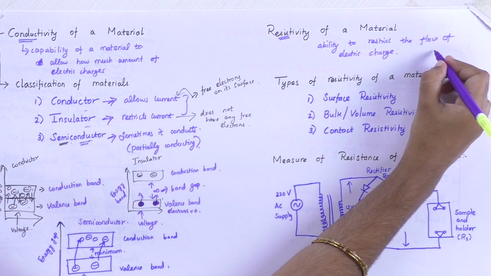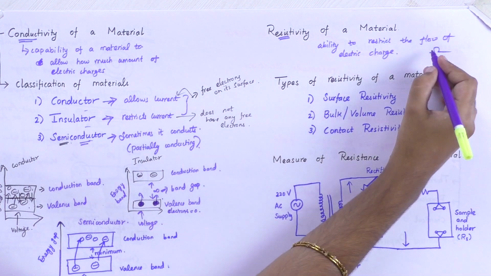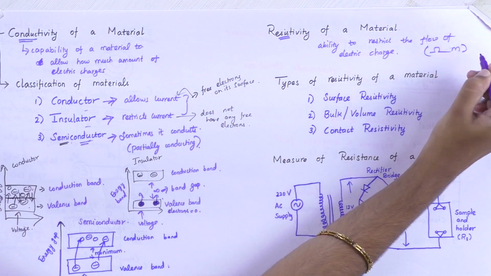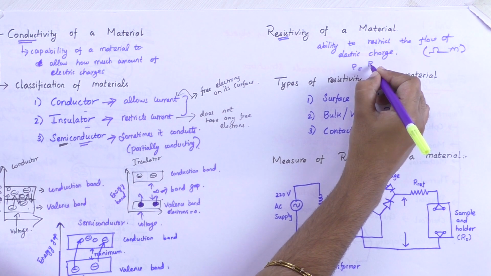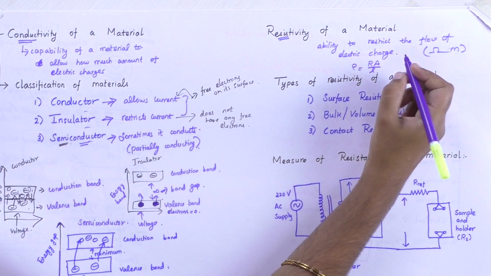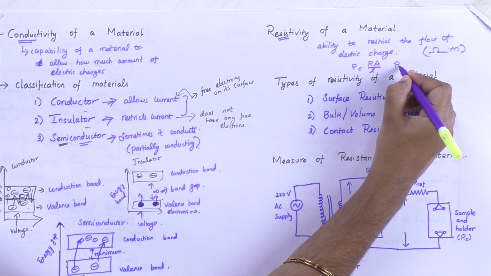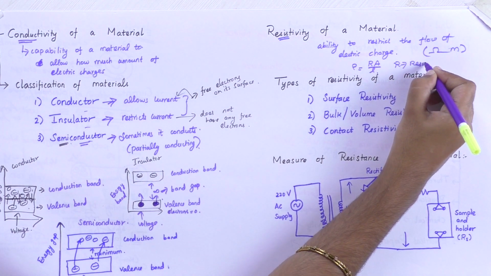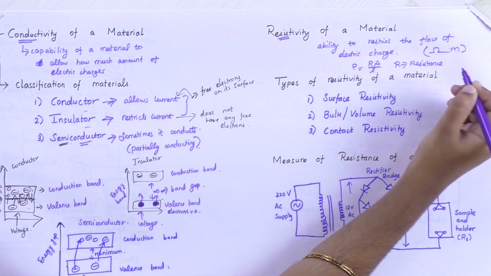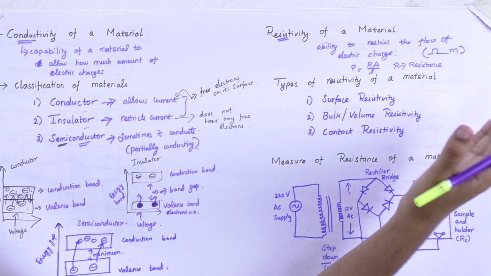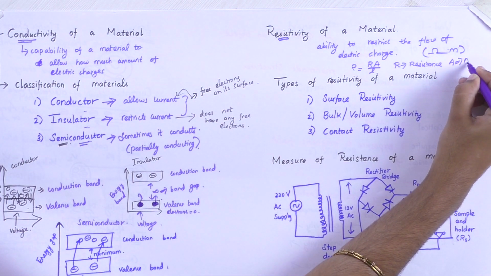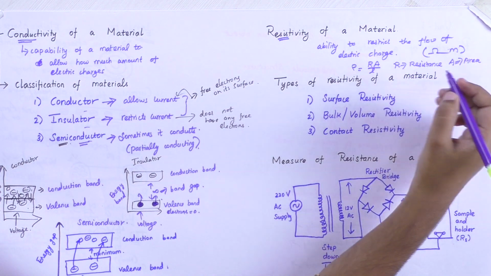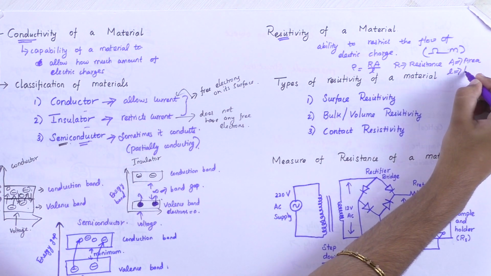Its unit is ohm meter and it is denoted by rho equal to RA by L, where R is the resistance of the material, the amount of electric current which is restricted, that is called resistance. Then A is the area of cross section and L is the length of the material.